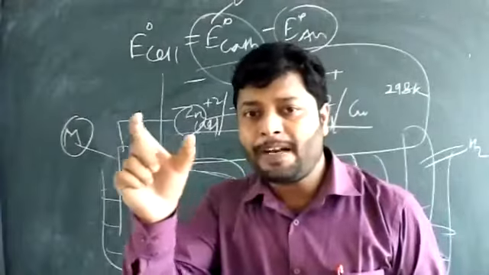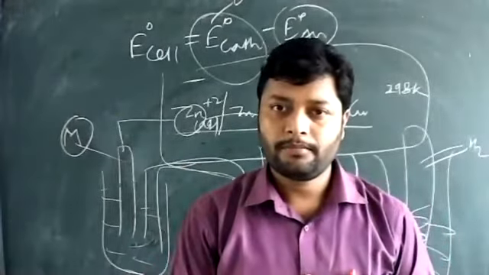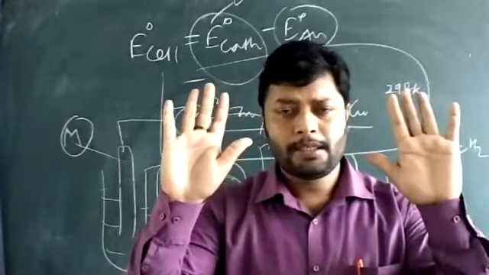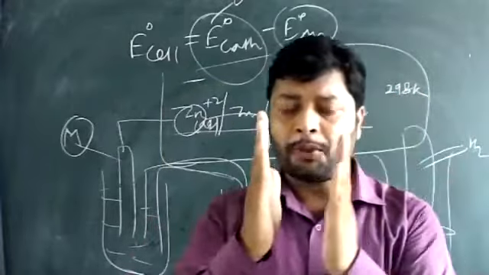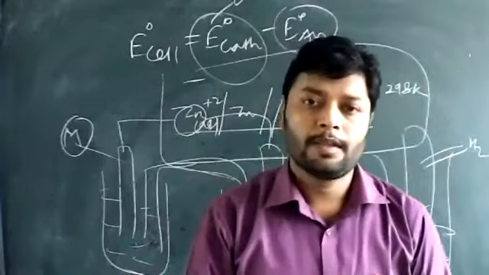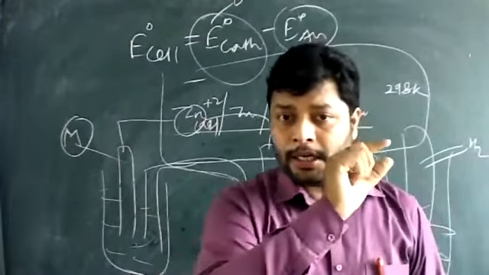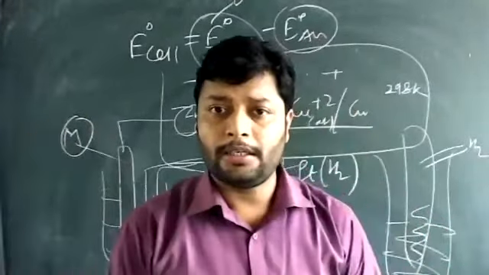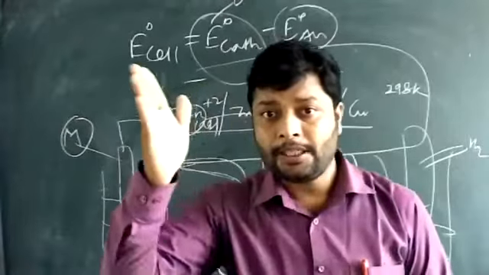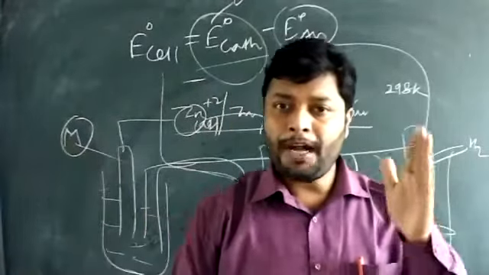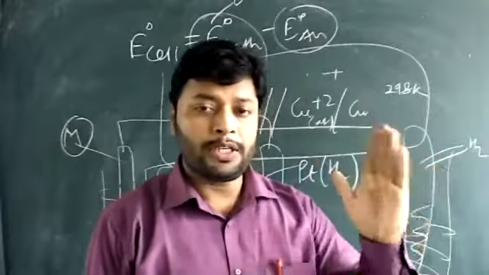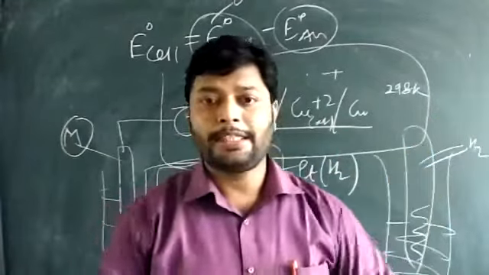The hydrogen will be the reference point. So whenever electrode potential is given, the negative sign electrode potential generally acts as anode. The positive electrode potential generally acts as cathode.